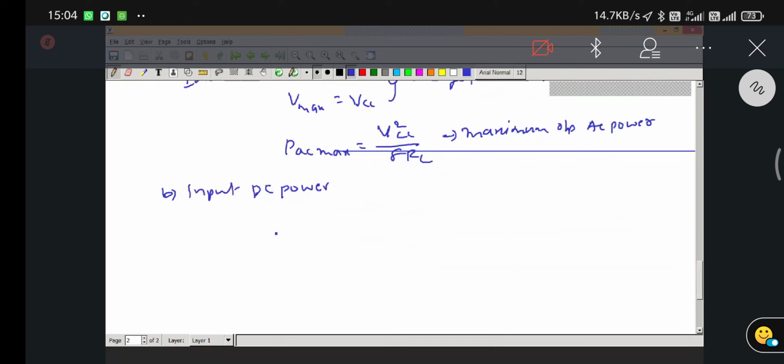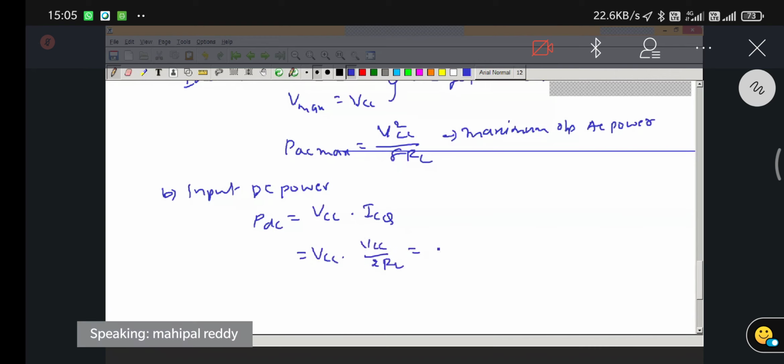PDC will be given as voltage into current. The voltage is the output voltage VCE, we take VCC as the maximum output voltage, and we take the current passing through the transistor. The current passing through the transistor in the Q point section is ICQ. So this is VCC into ICQ. And we know that ICQ is VCC by 2 RL.